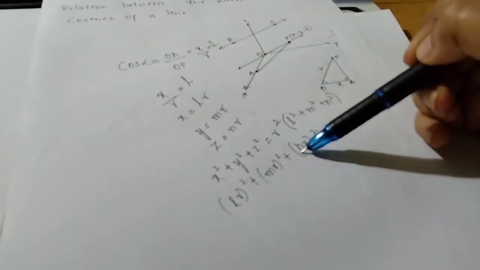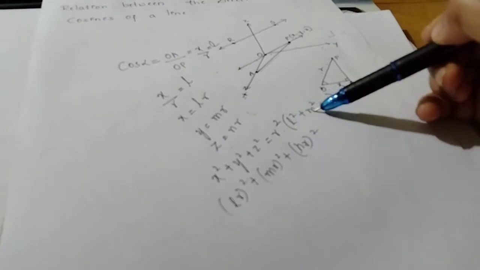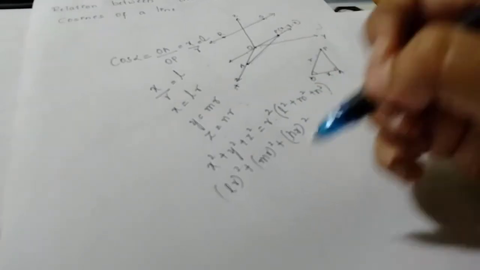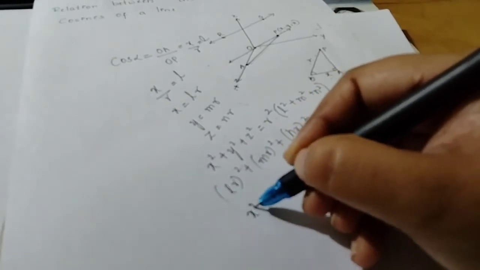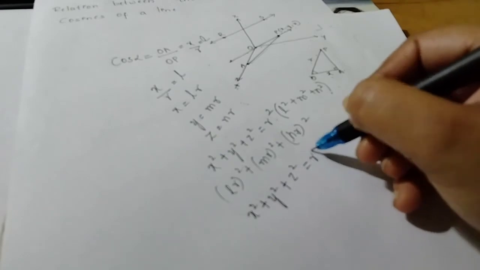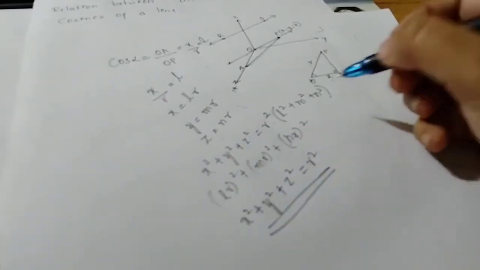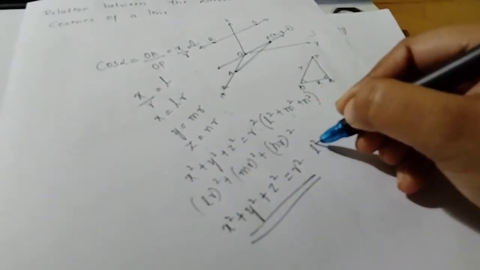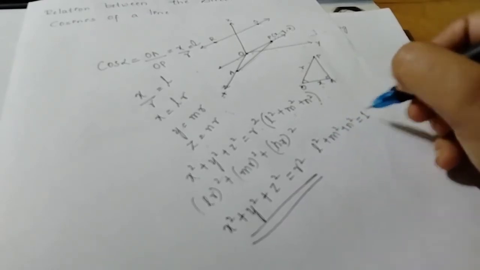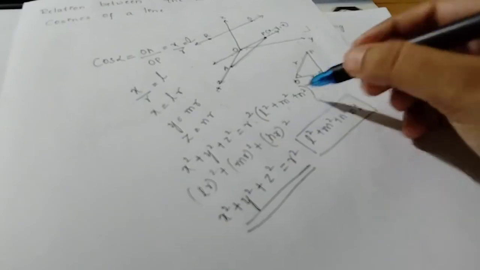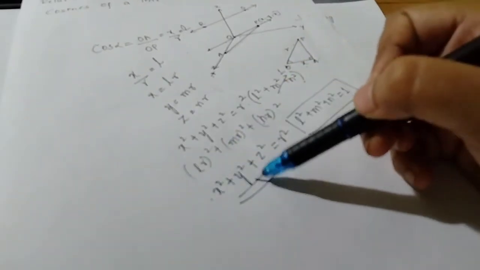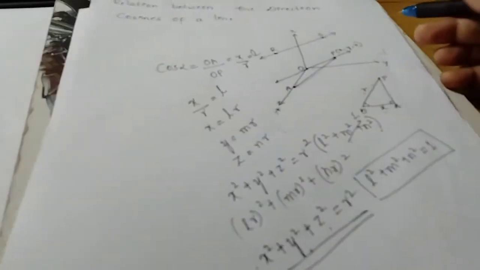Here r square is common, I have taken r square common, l square plus m square plus n square. We know that l square plus m square plus n square is equal to 1, so this value goes out to be 1. So x square plus y square plus z square is equal to r square.